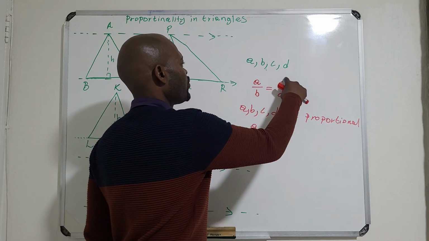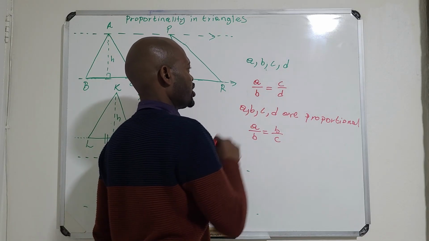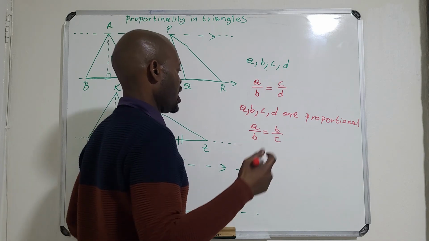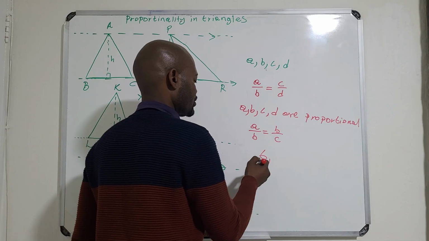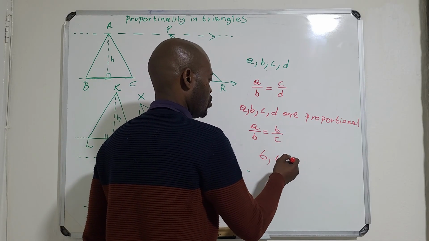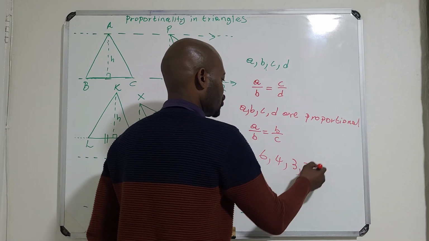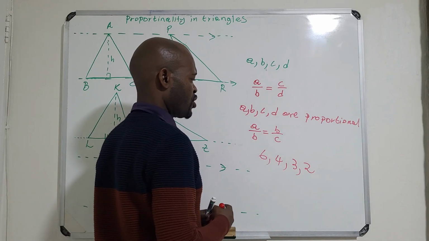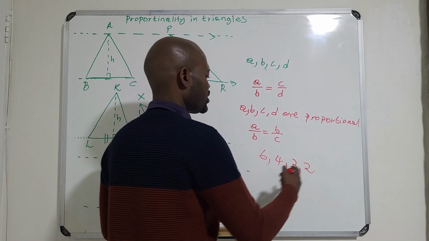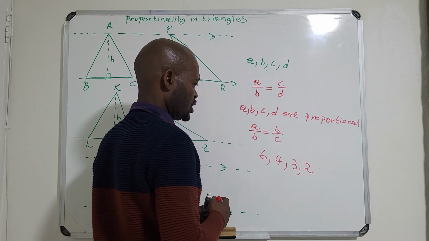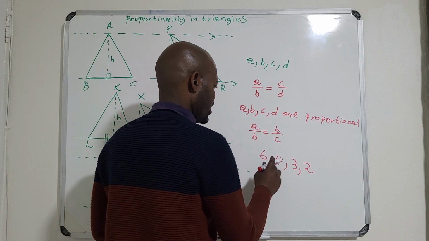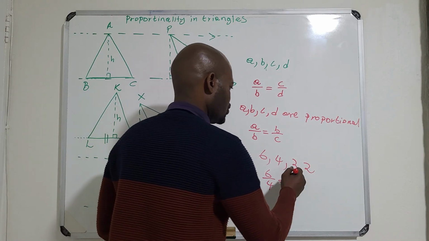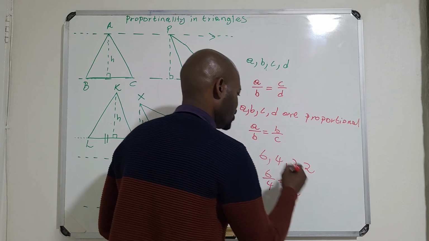Now, we know that when this ratio is equal to this ratio, then the four numbers are in proportion. For example, if I have 6, 4, 3, 2, are these numbers in proportion, or in the same ratio? Let's look at that. 6 divided by 4, is it equal to 3 divided by 2?